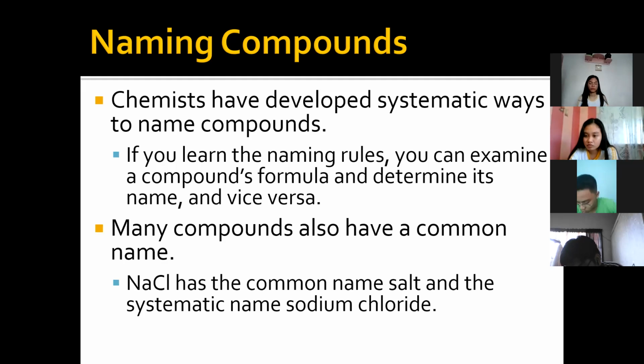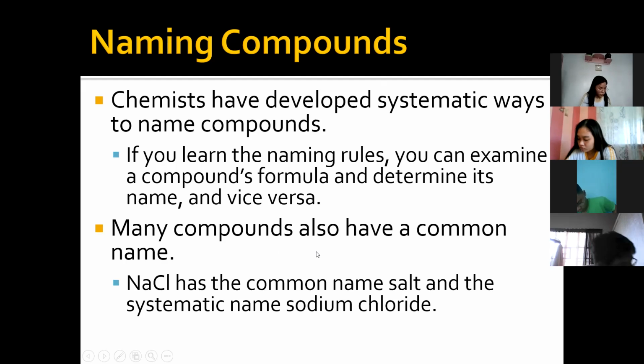For example, if your non-metal is chlorine, you will name it chloride. If it is bromine, you will name it bromide. If it is sulfur, sulfide. But if your non-metal is phosphorus, you will not name it phosphoride. Rather, you'll just name it phosphide. Get it? It is not phosphoride, but phosphide.